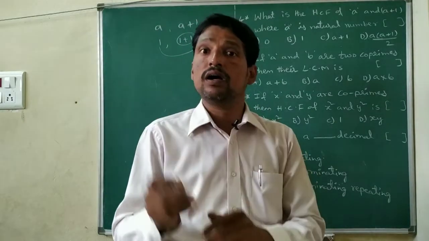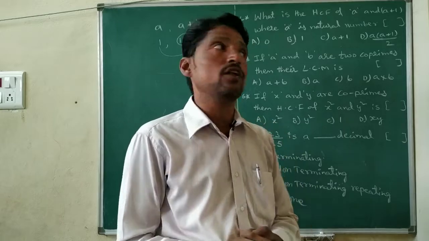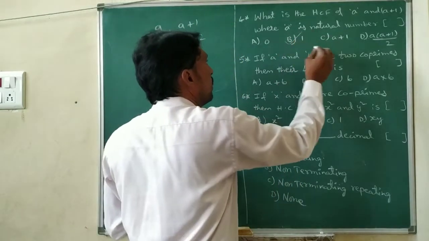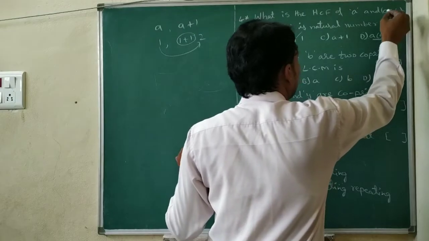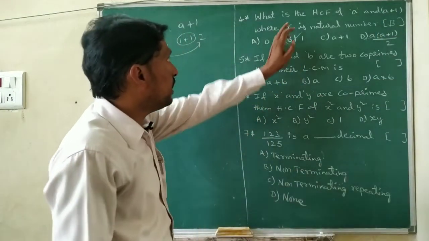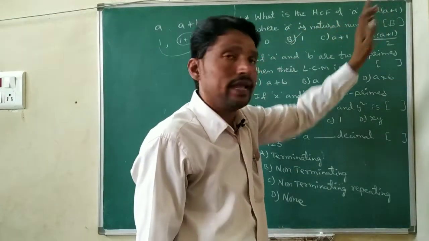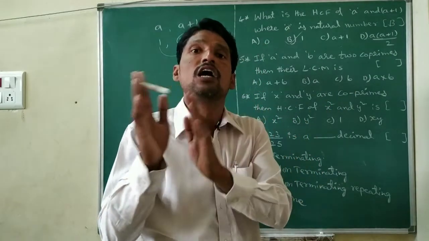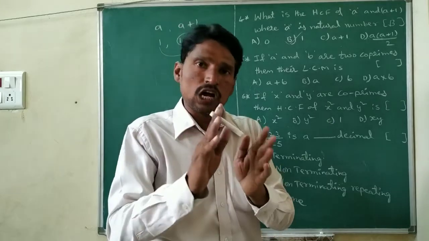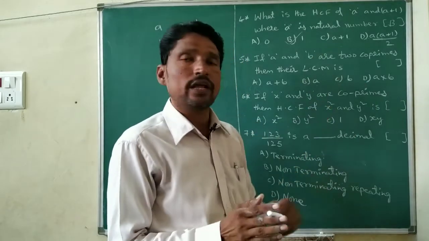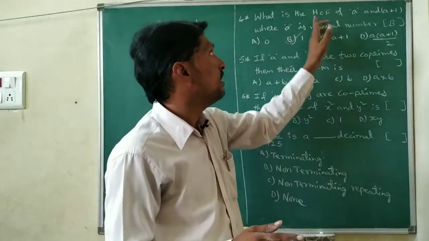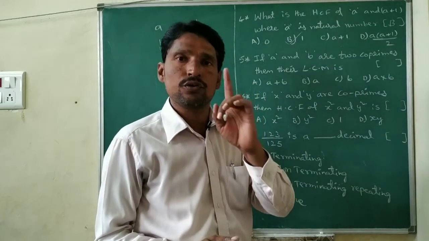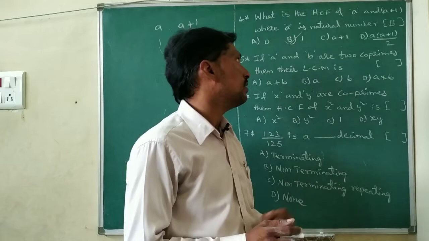The HCF of any two consecutive numbers is 1. So the HCF is 1, option B we are getting. A comma A plus 1 are consecutive numbers, and the HCF of any two consecutive numbers is 1 only.